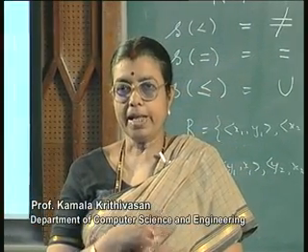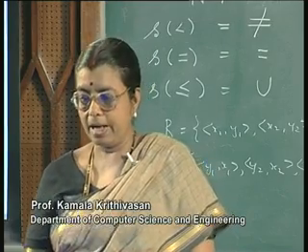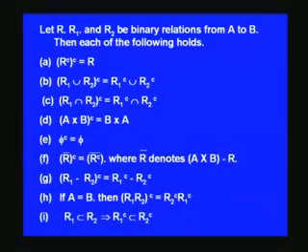Then to take the converse again, you have to again reverse the arcs, so you get back the original relation. The converse of R1 union R2 is the converse of R1 union the converse of R2, and similarly this, etc. We shall prove the B part.